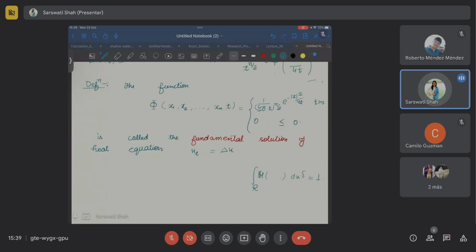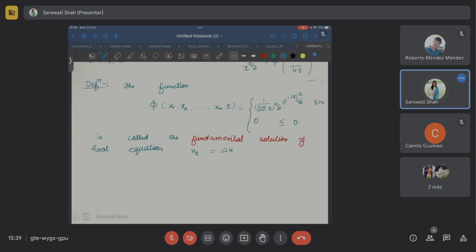If you go back to unit 3, I was saying that the fundamental solution was written in terms of the Heaviside function, making it 1 in some region and 0 in another region. If you remember, then it is fine. If you don't remember, then you need to read your unit 3.